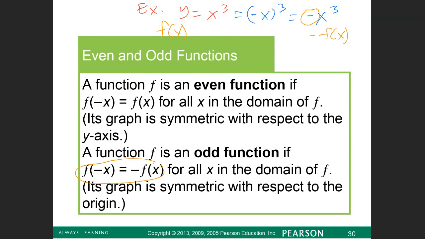That's coming from the definition here at the bottom. It says a function f is an odd function if f of negative x is equal to negative f of x. So this one is an odd function. Again, this is an odd function. The previous one was an even function.